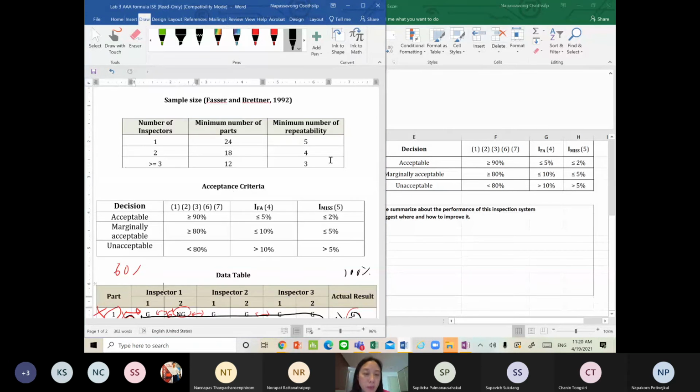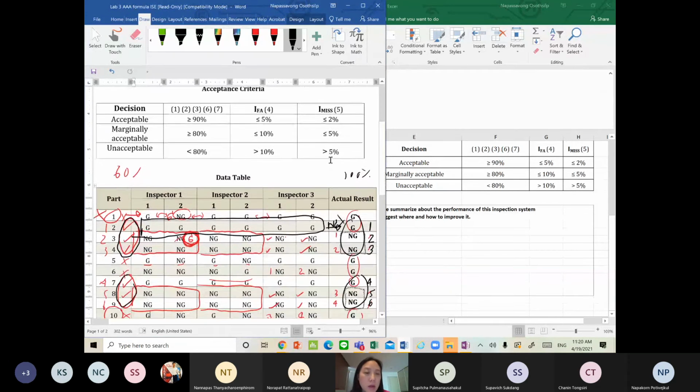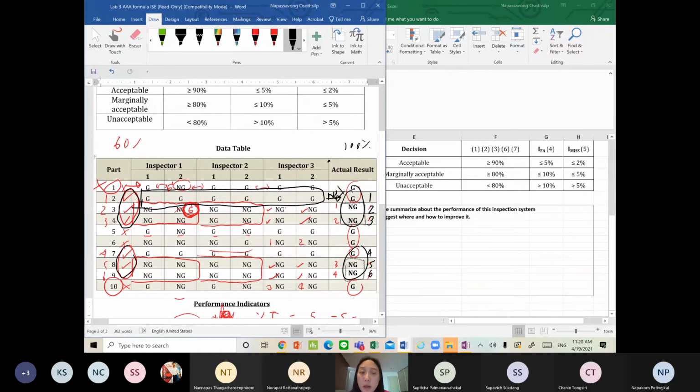But the data set that we have so far, we did the test based on 10 parts and twice, so the number of replications is 2 times. So may I ask you this question: is this sample size enough? Sample size in terms of the number of parts and also the number of replications.